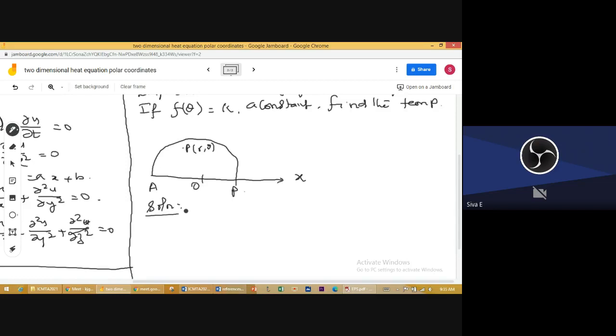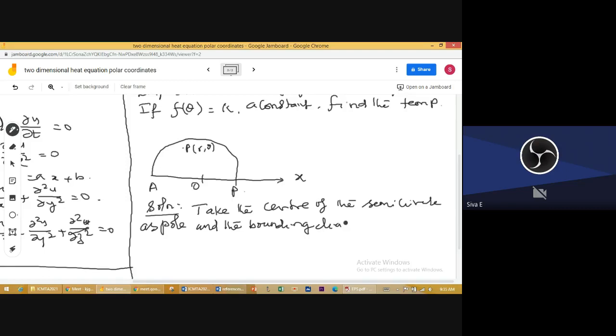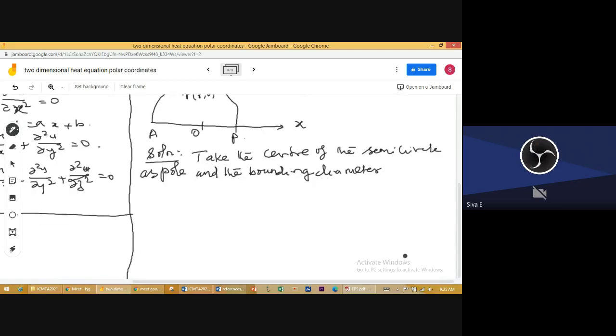Take the center of the semicircle as pole, and the bounding diameter AB as initial line.